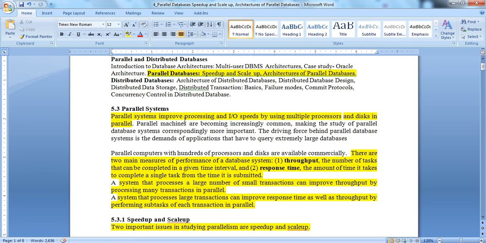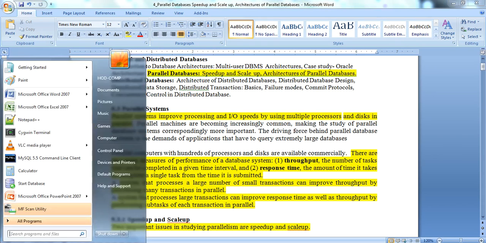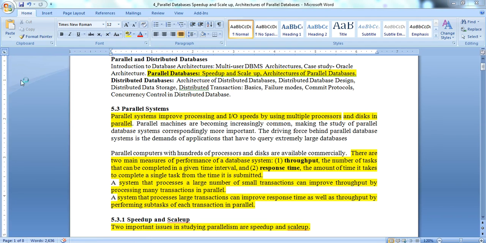A parallel system improves processing and input/output speed by using multiple processors and disks in parallel. If we take a simple example, we have one processor and one disk, and we apply some work to that configuration.